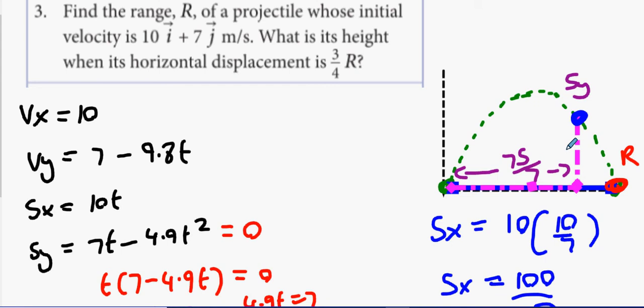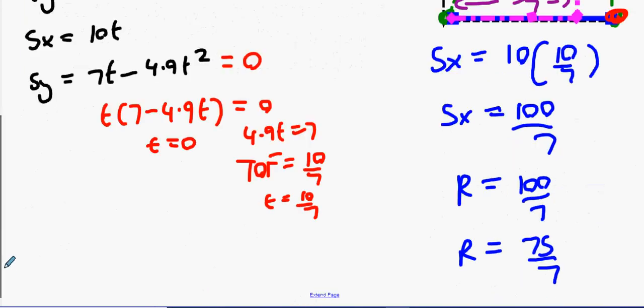You need a time to find this. You need the time to make it work. To me, 3/4 of the distance would be 3/4 of the time. But look, let's just be thorough. We know that Sx equals 10t equals 75/7.